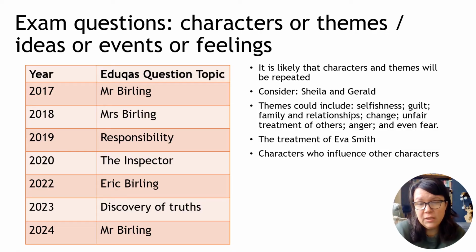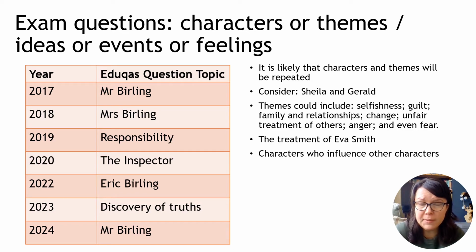Issues of anger, even issues of fear, and there are many things that you could discuss. You could discuss money, you could discuss all sorts of different things with this, and that's why you need to have that really broad knowledge of the play so that you can pinpoint the things that you're going to want to talk about.